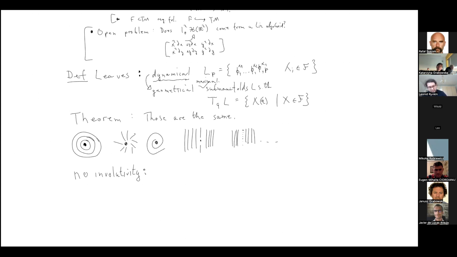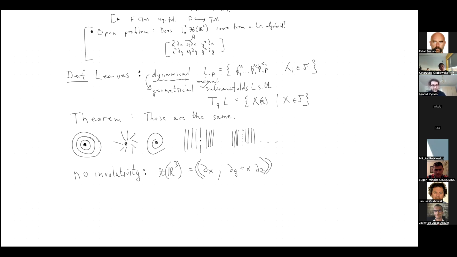Then I could, for example, look in R3 at the vector fields ∂x and ∂y plus x ∂z. This is somehow the standard contact structure, the contact fields of the standard contact structure.